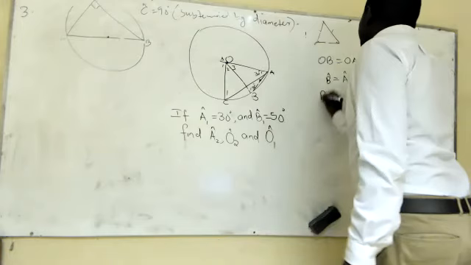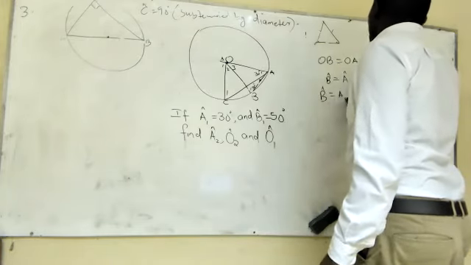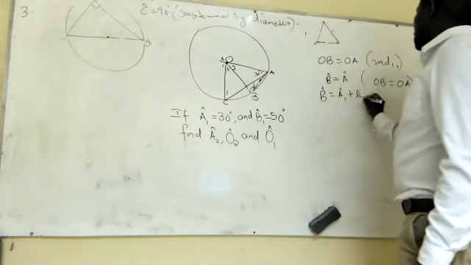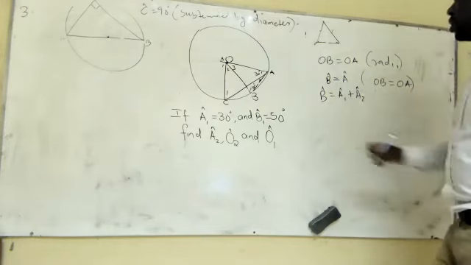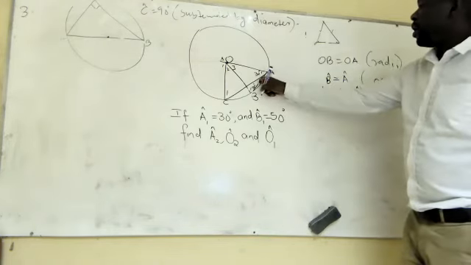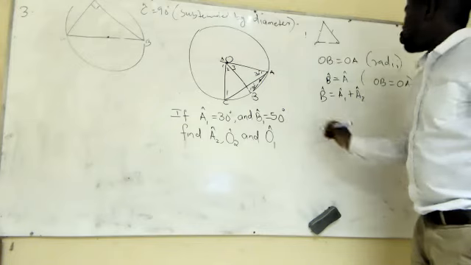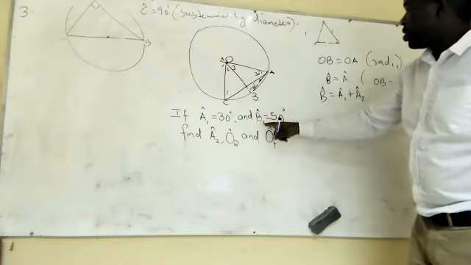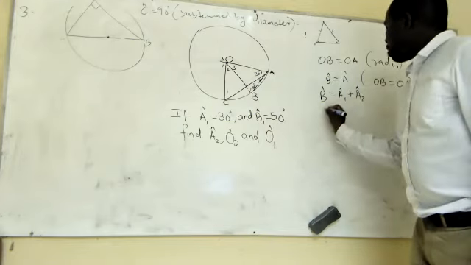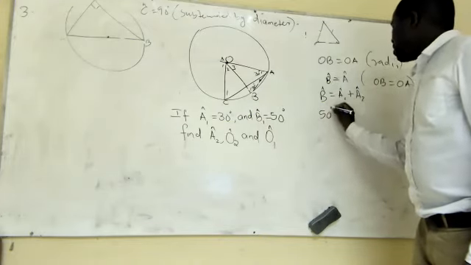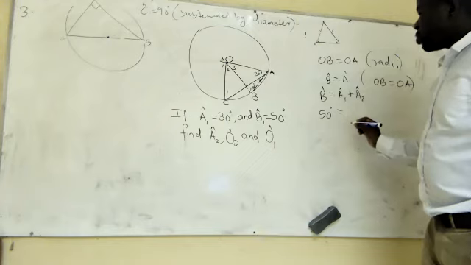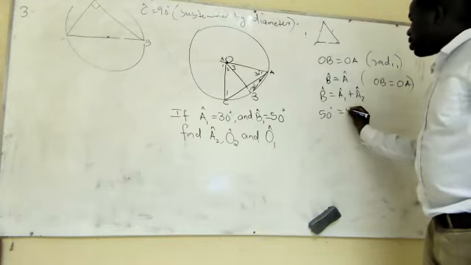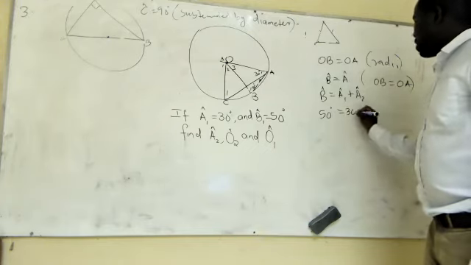But we know A in this case is given as A1 plus A2. B is 50 degrees, and A1 is 30 degrees.